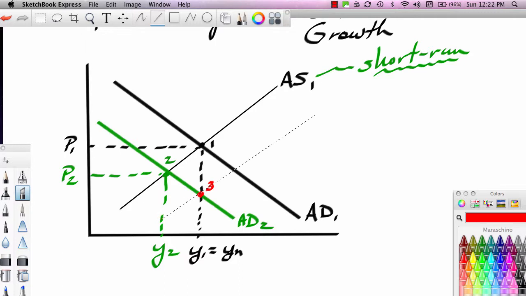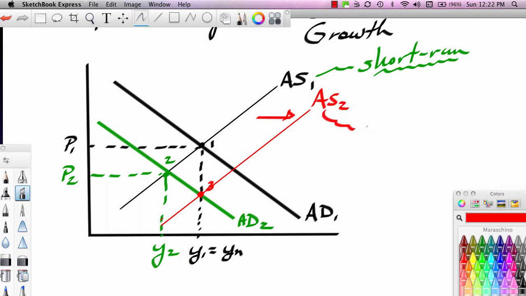And then what we want to do is shift the aggregate supply curve. Afraid I didn't do it very well. Let's try it again. There we go. So the aggregate supply curve shifts to the right, and that is caused by a drop in wages.